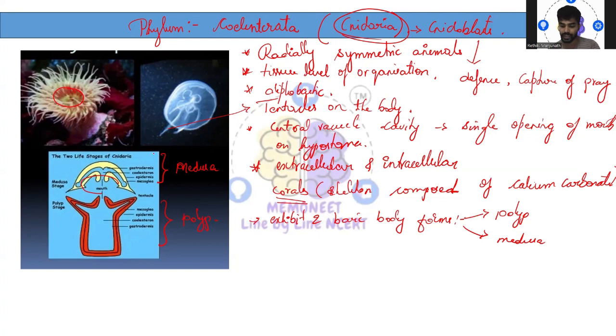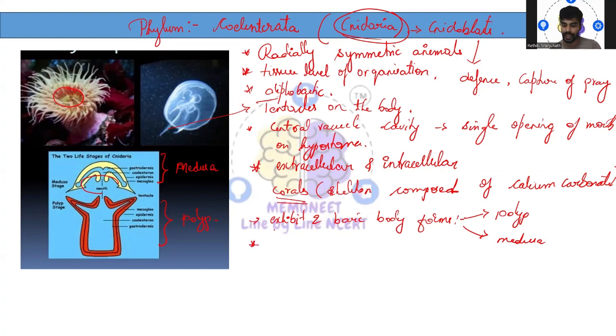Then the cylindrical structure will be seen, and you will also see tentacles which help them in catching prey, defense, as well as locomotion. This is another very important point.